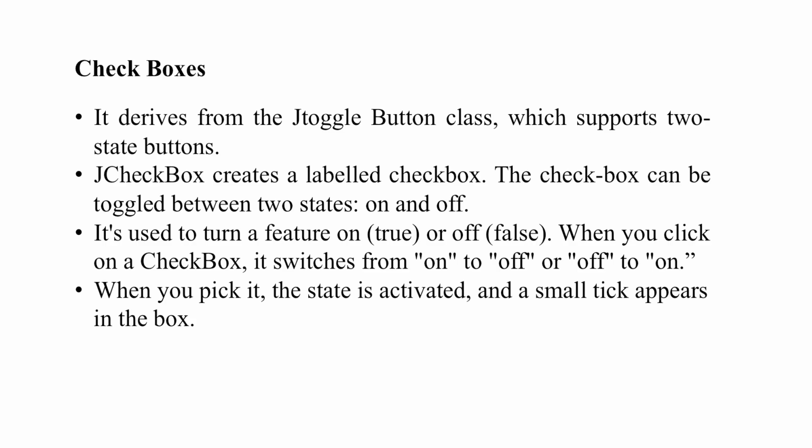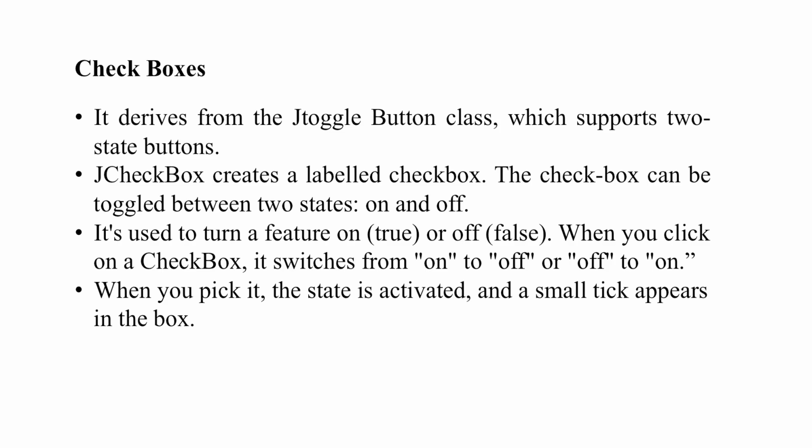The next Java Swing component is checkboxes. A checkbox is derived from the JToggleButton class, which supports a two-state button, meaning on and off. When we click it, it is labeled with a checkbox, a small mark.